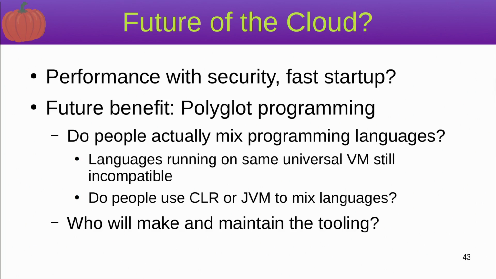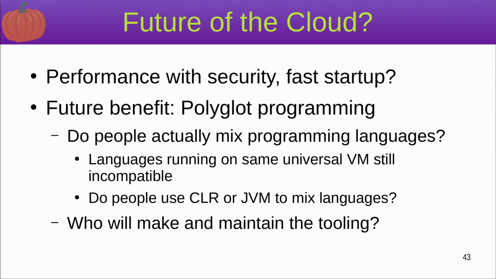But even then, just because you can get different languages running on the same VM, it doesn't mean they're compatible, right? They still have different data formats, so you're still going to have to go through these messy interface APIs to get them to work together. And it's not clear if people actually want to do it. If you look at something like the JVM, you can mix Kotlin and Java code or Scala and Java code together, but they keep discouraging you from doing that, right?